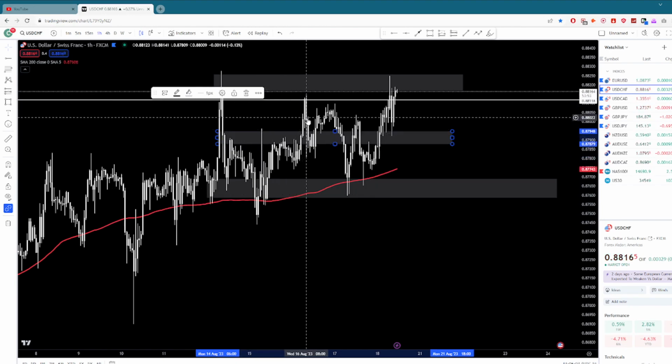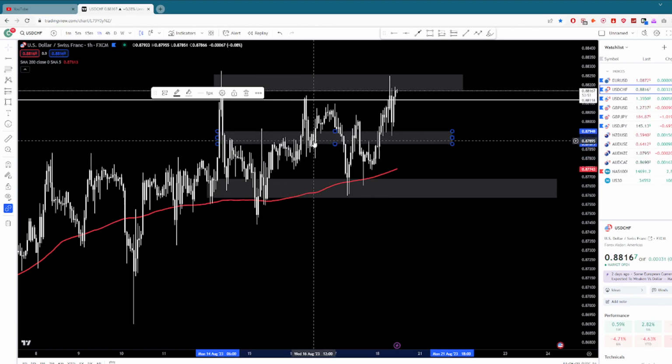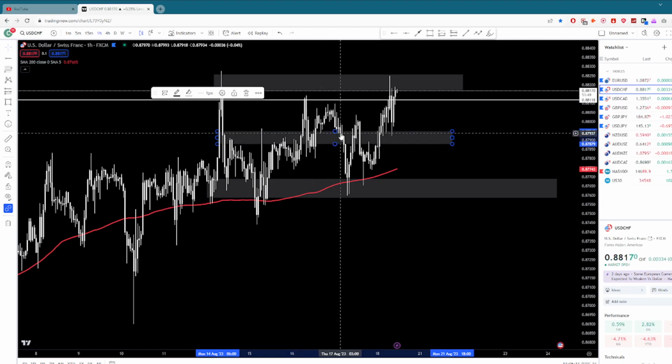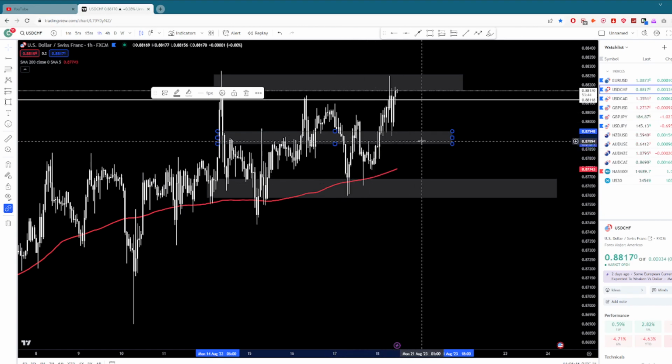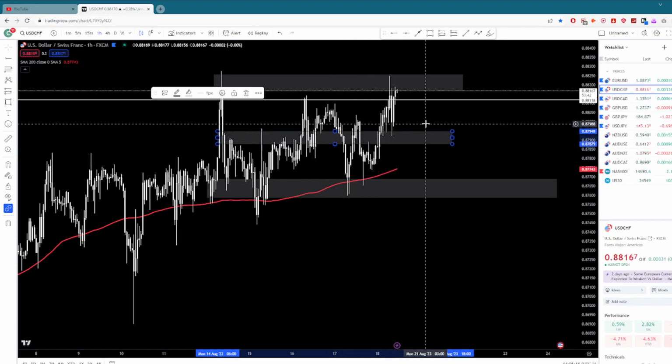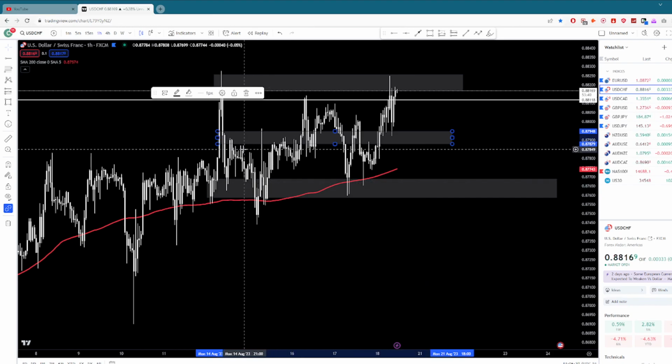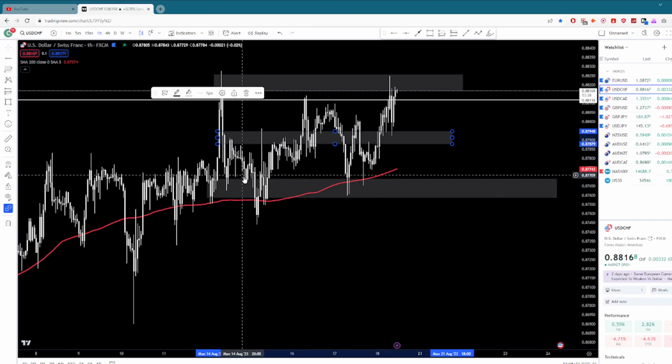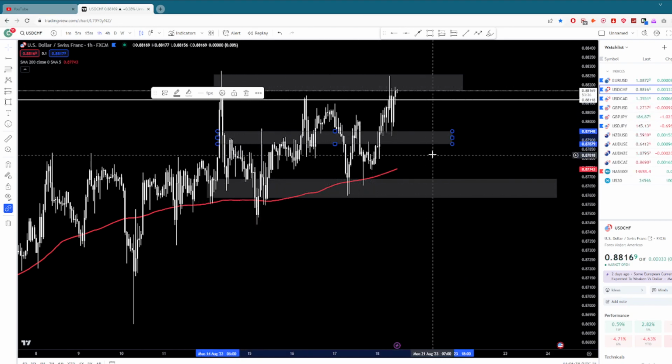Then it broke through and became support. It came into this area, shot up, broke back through, and it keeps going through the area. I don't like marking up support and resistance areas like that because it's too much noise. I don't know what the chart is going to do because it shot through it so many times.